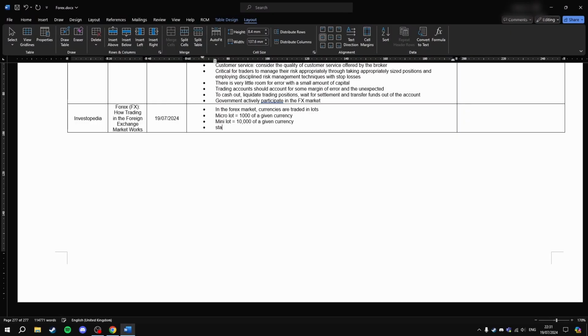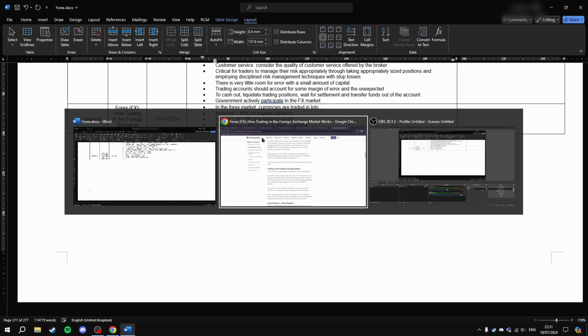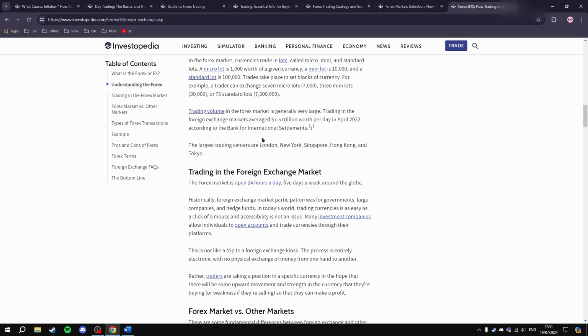A standard lot equals 100,000 of a given currency. So micro is 1,000, mini is 10,000, and the standard is 100,000.